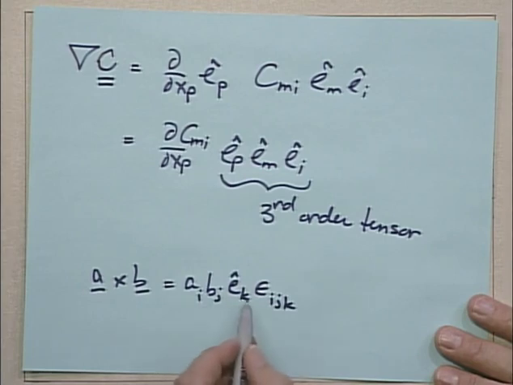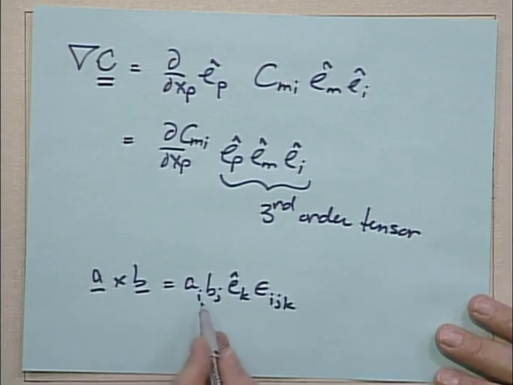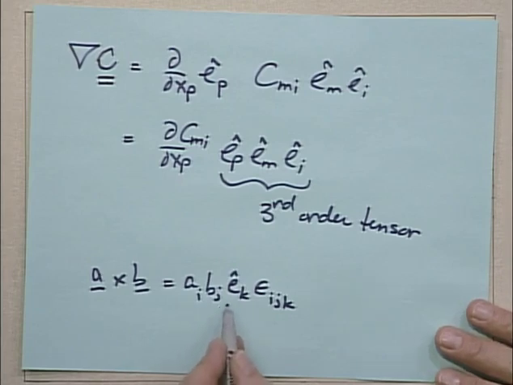Where epsilon, if they're all the same, it's a 1. If one's a negative, I forget the rule myself. I have it in the book. If they're in the order 1, 2, 3, you get positive 1. If in the order 3, 2, 1, or any permutation of 3, 2, 1, you get negative 1. Or if anything is equal, if i equals j or j equals k, it's 0.